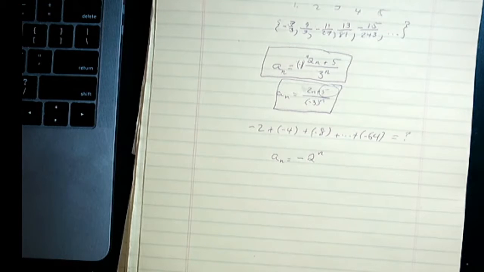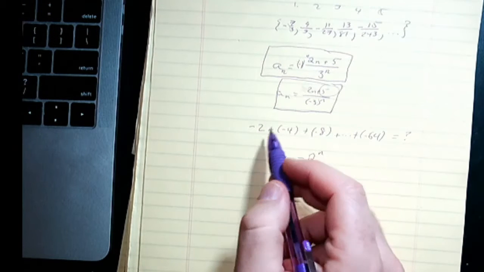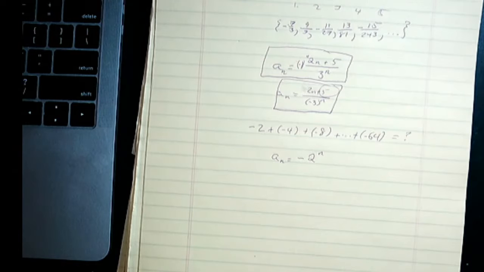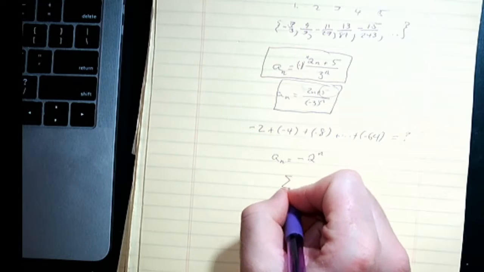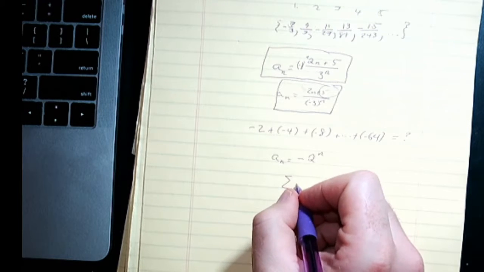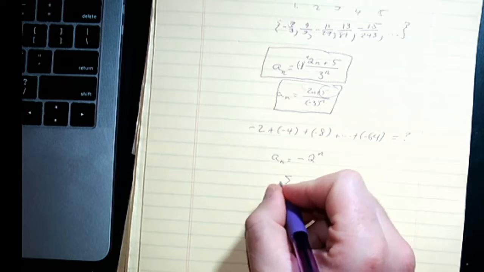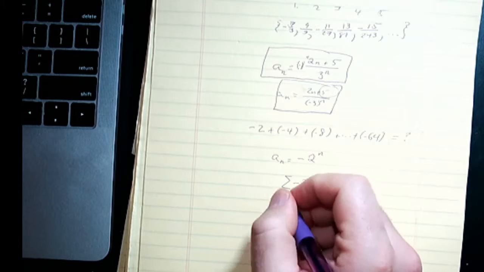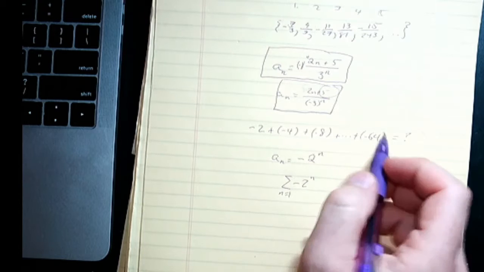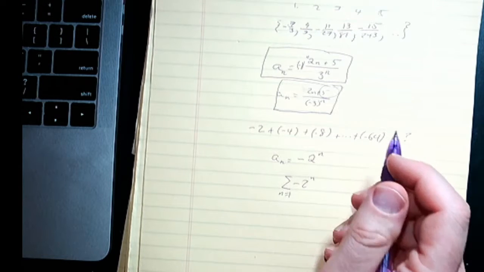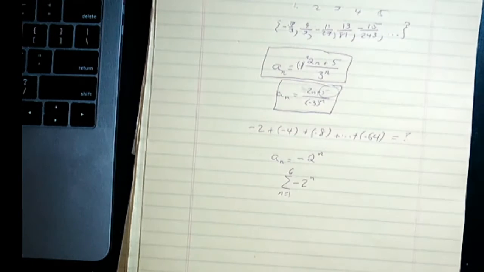And they're all negative here. Just the minus sign isn't inside the exponent. Because these aren't alternating. These are just bang, bang, bang, bang. 2, 4, 8, 16, 32, and so on. So that's what we're being asked to sum. We're being asked, what's the sum of -2 to the nth power from n equals 1 up to, what? 6. So it's 6 terms.